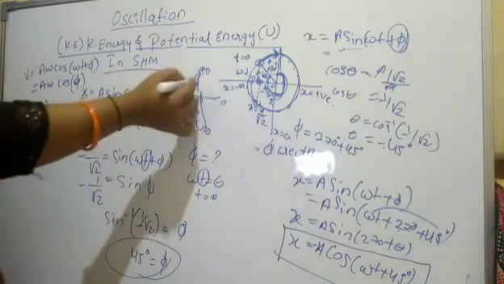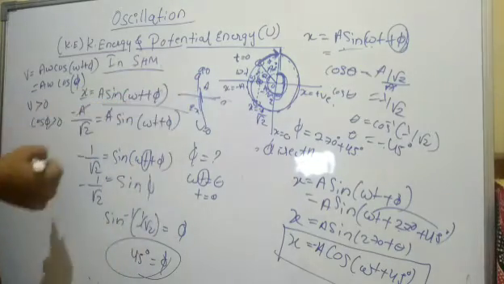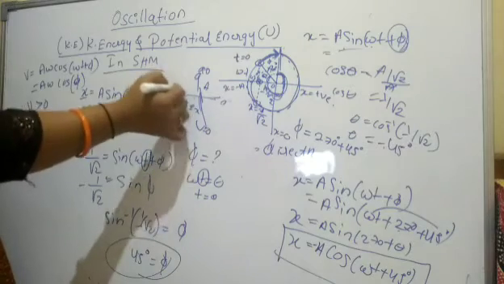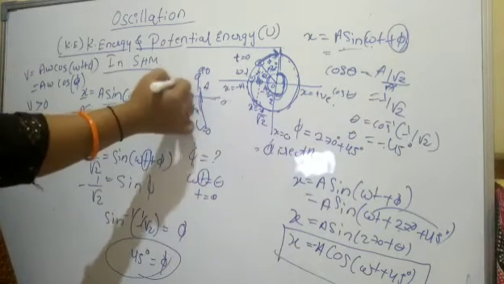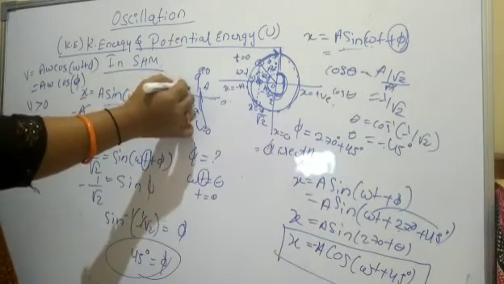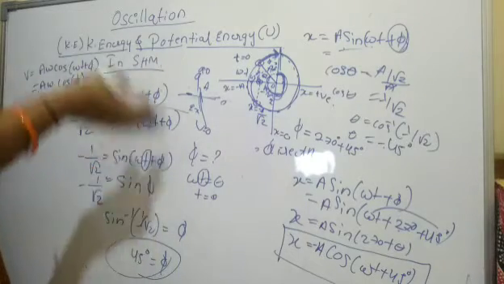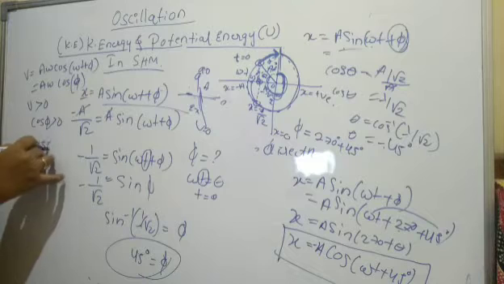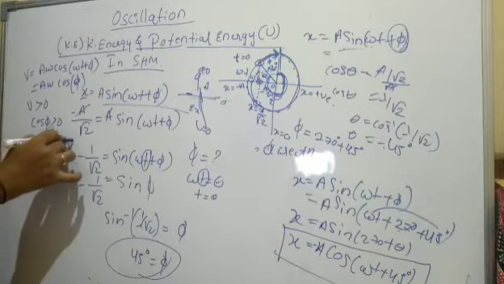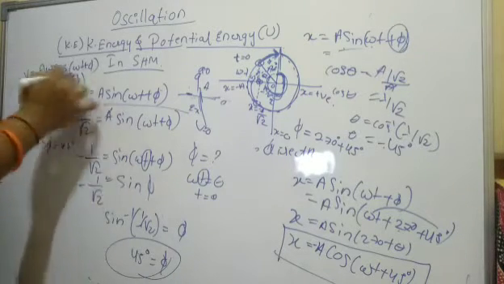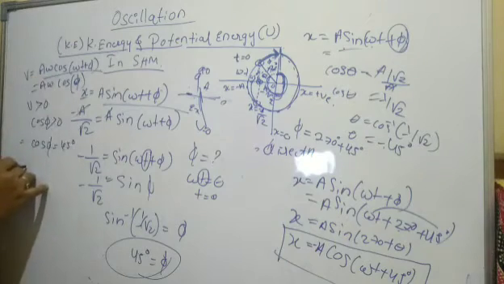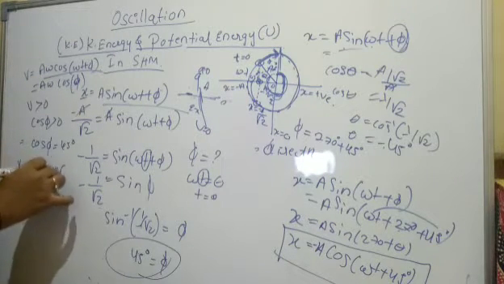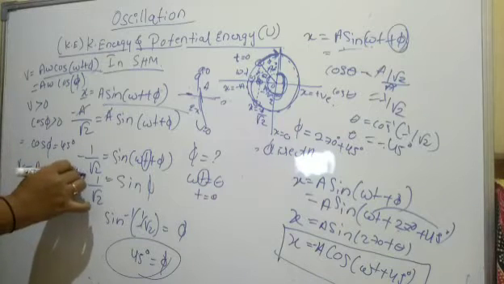So cos will be positive in the first quadrant, right, but negative in the second quadrant, which means the particle is at the negative extreme position. So cos phi equal to 45 degrees also. So you can just substitute here, you will get v is equal to minus A omega cos(omega t plus 45 degrees).